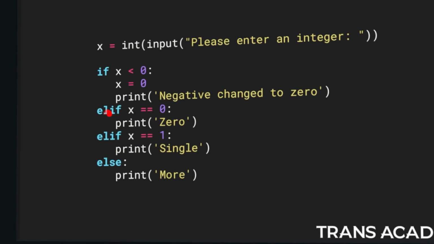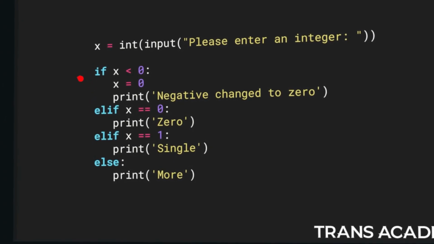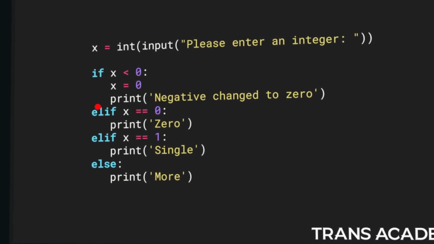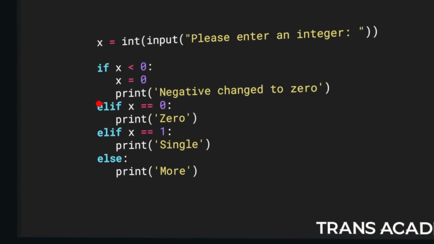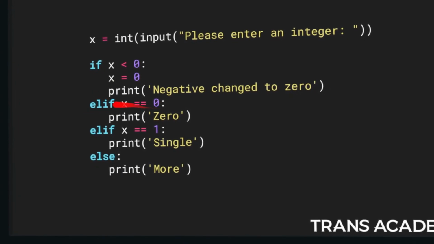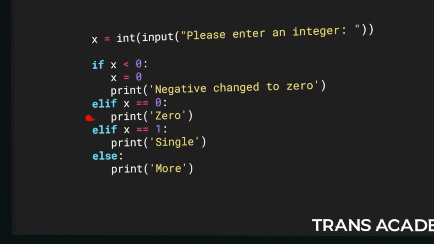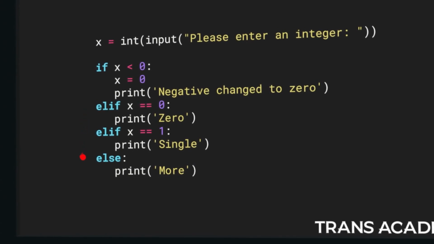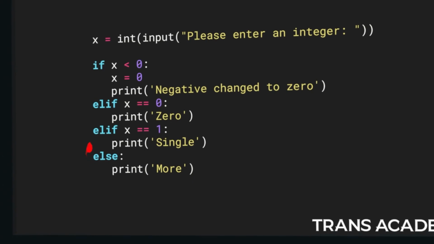Elif is else if condition. So in the event the if or else if condition above us is false, then perform this check. If this check is true, then execute this code. In the event all of the above ifs and elifs have been false, then execute the else block.